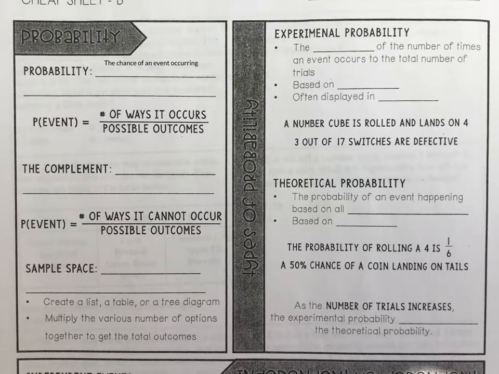So the fraction that you see below there represents how we form probability. The numerator is the number of ways that event could occur, and the denominator is all the possible outcomes.